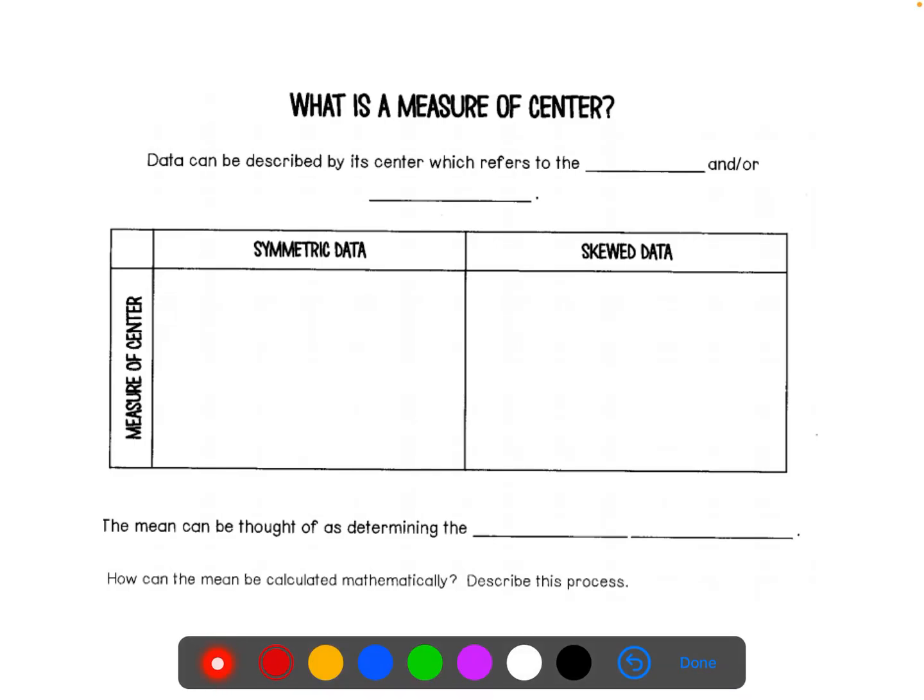Data can be described by its center, which refers to the mean and/or median. Now, hopefully those words sound familiar. A lot of times we use for the word mean, average. So just keep that in mind when we're talking about your grade average.